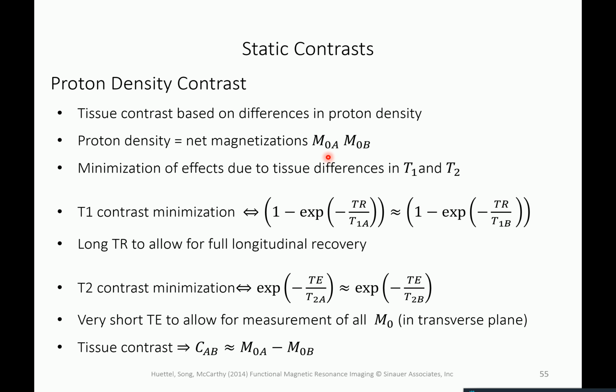So in terms of choosing your sequence parameters, your TR and your TE, you want to not set them in a way that you also get contributions or differences between A and B that are due to difference in T1 and T2. So to avoid anything that might have to do with differences in T1 contrast, what you essentially want to do is take a long TR so that for both tissues the signal has fully recovered to what it can recover to, right?